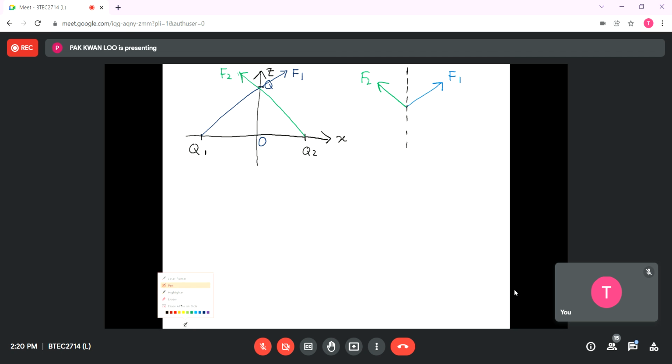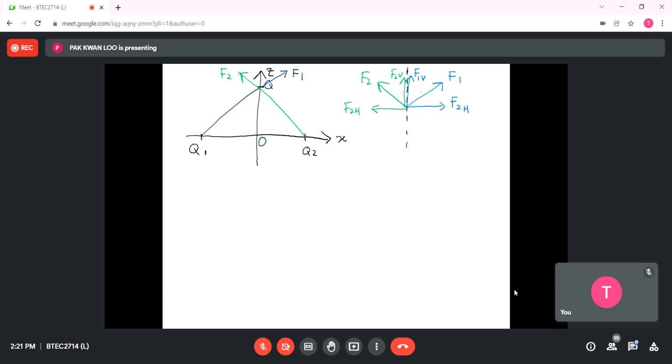So let's decompose F1 and F2. F1 here, with a vertical component and a horizontal component. I put a subscript, H and V, just to represent the horizontal and vertical components. Same goes for F2: there is a vertical component and also a horizontal component.